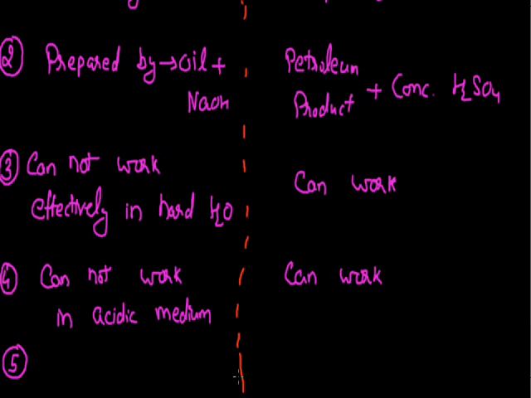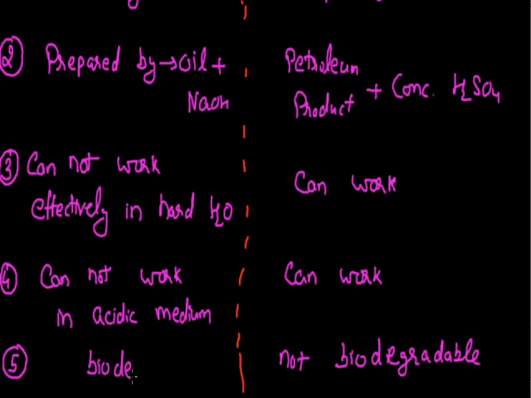While on the other hand, these synthetic detergents are not biodegradable, and since they are not biodegradable, they will cause a lot of pollution. So that is about the differences between soaps and detergents.